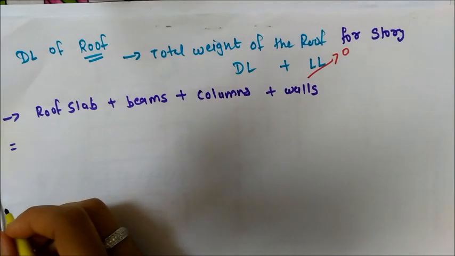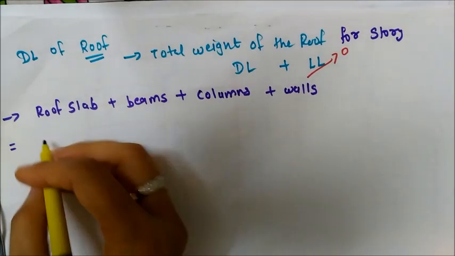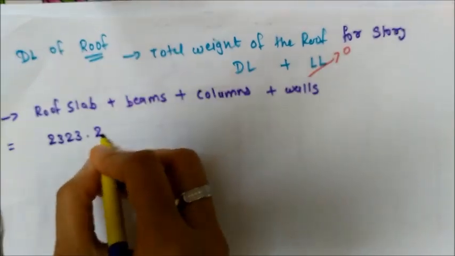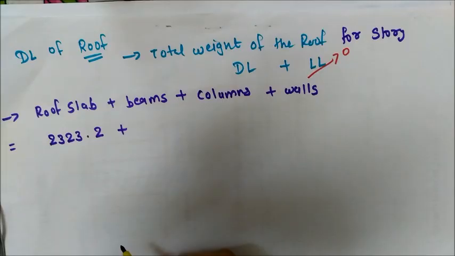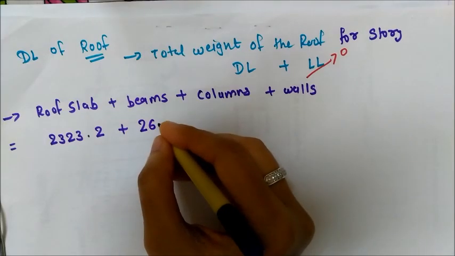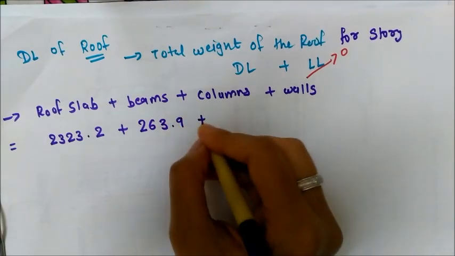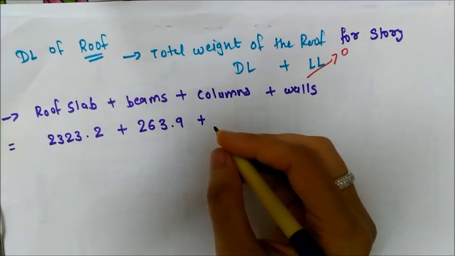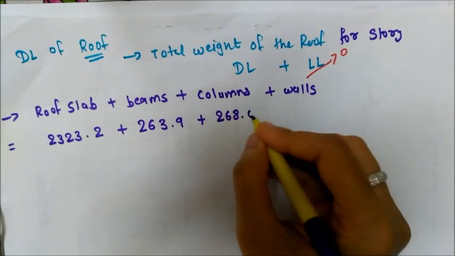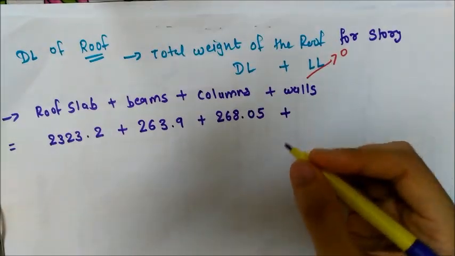We calculated the weight of the roof slab as 2323.2 kilonewton, plus the load of the beams. We already considered two types of beam, longitudinal beams and transverse beams, so you just put both values: 263.9 plus the weight of the transverse beam, 268.05, plus.